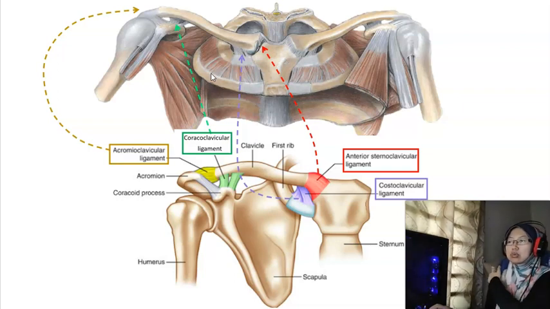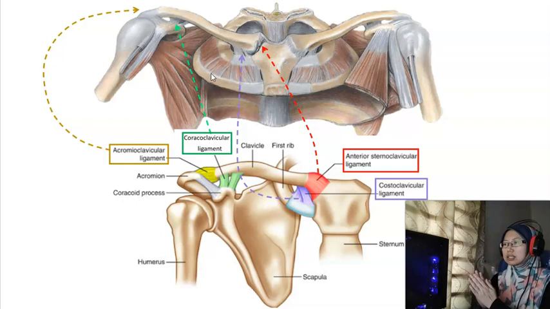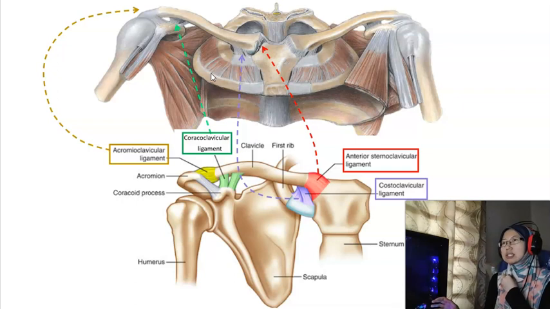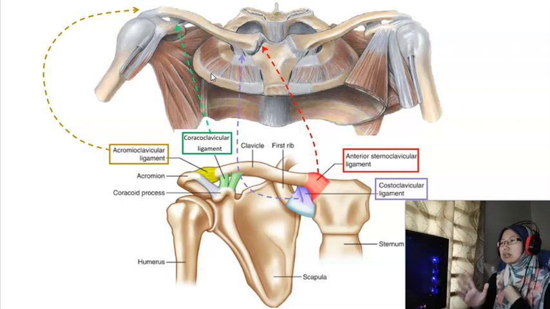So your pectoral girdle, scapula and clavicle, are connected by these two ligaments, which are acromioclavicular ligament and coracoclavicular ligament.